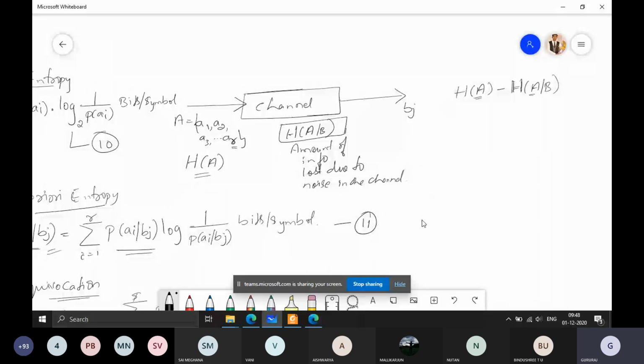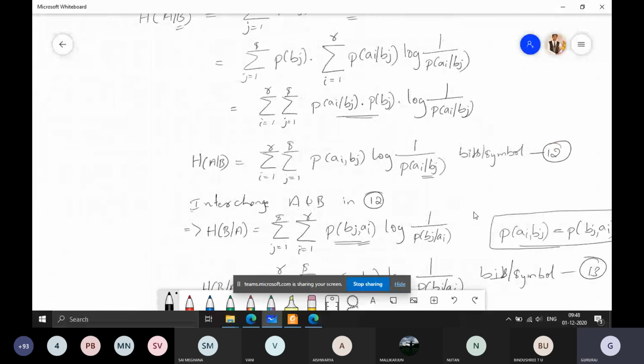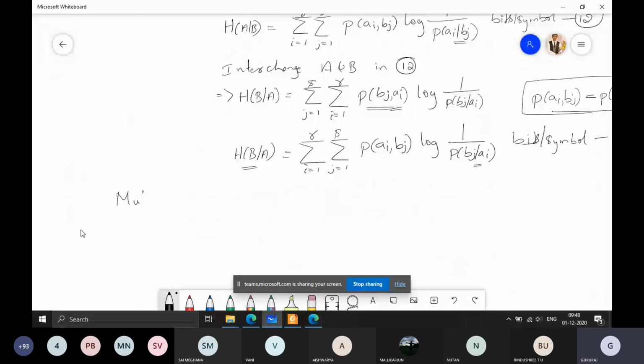The information that is received at the receiver is known as mutual information. So we shall see what is mutual information.